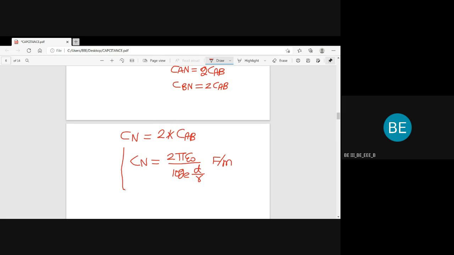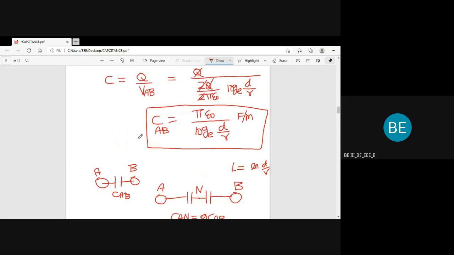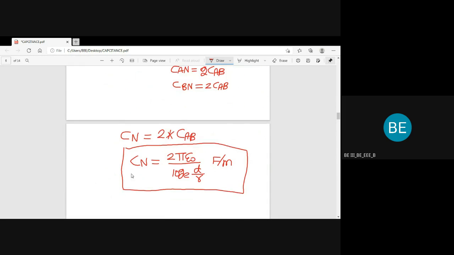So if I want the capacitance between two conductors, it is CAB, which is pi epsilon naught divided by ln of d by r farad per meter. If I want the capacitance to neutral, it will be double the value of capacitance, right?